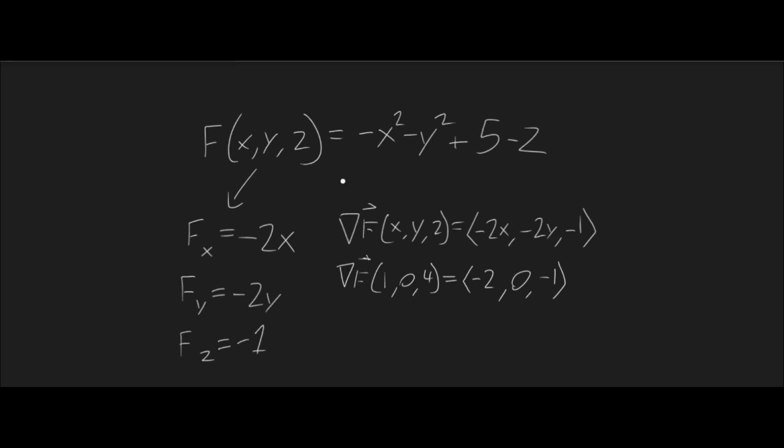And the level surface, which we have, is our function z equals minus x squared minus y squared plus 5. So at the point 1 comma 0 comma 4, the vector negative 2 comma 0 comma negative 1 is perpendicular to our surface.